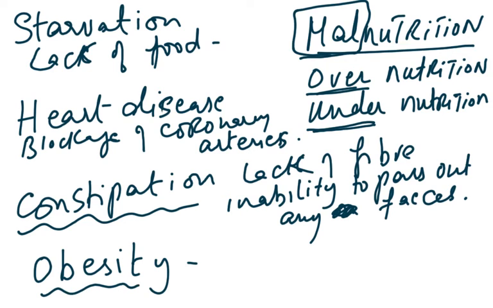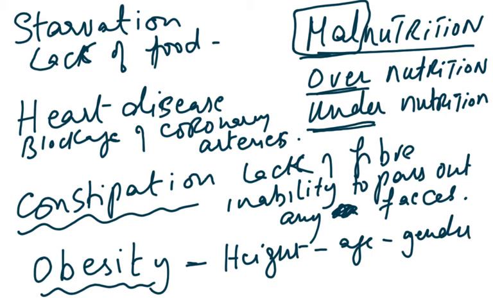Then obesity. What is obesity? Well, first we would have to look at your height, then we'd have to look at your age, and then we'll have to look at whether you are a boy or a girl, so the gender, and then we would calculate your ideal body weight.